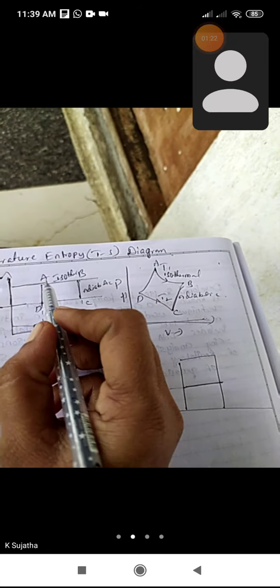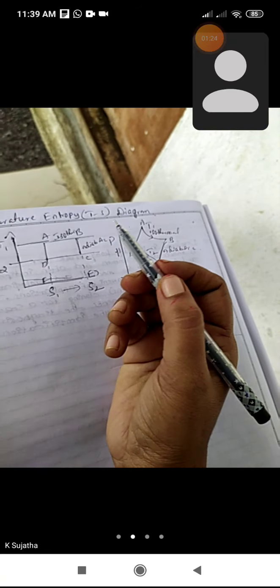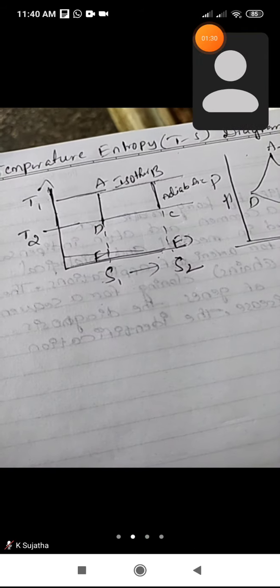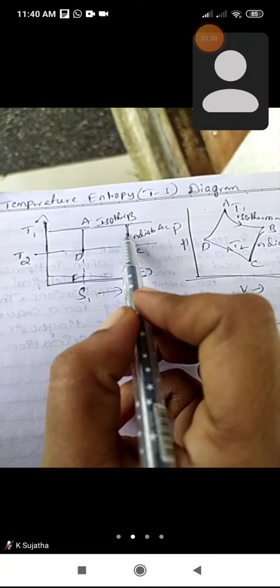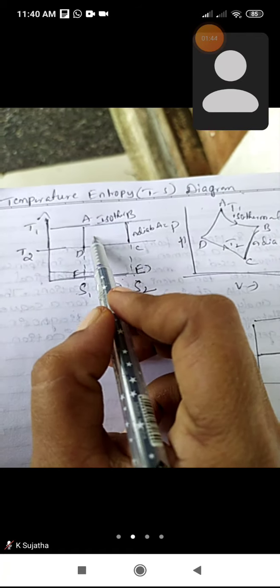Yesterday we discussed this. This is the temperature entropy diagram. In this diagram, ABCD consists of isothermal and adiabatic processes. This is a reversible Carnot cycle.